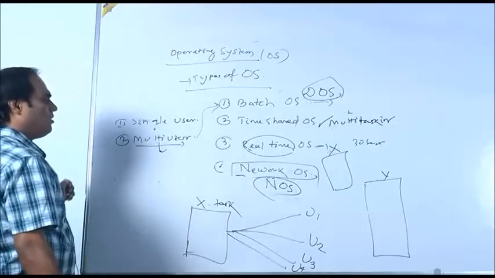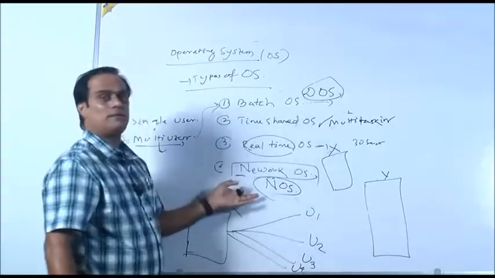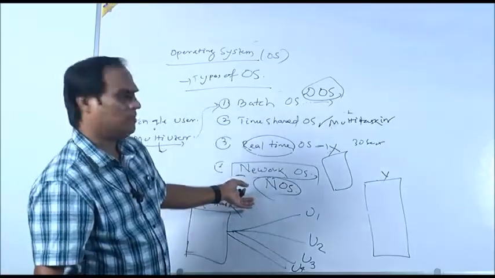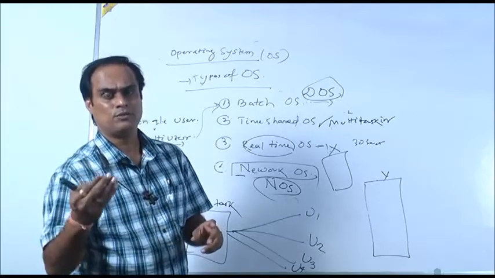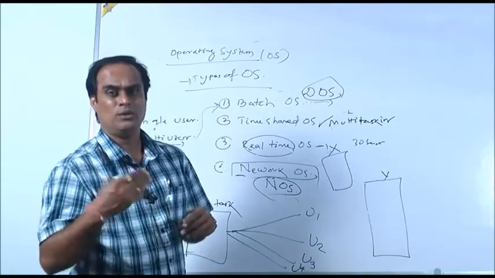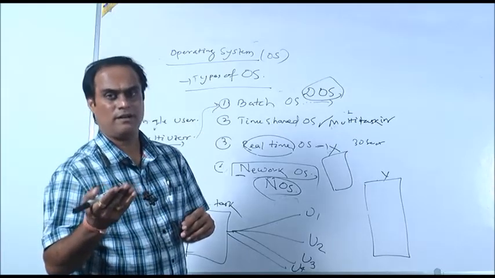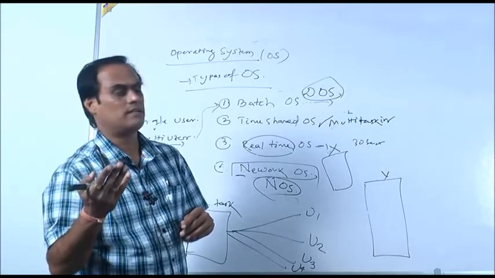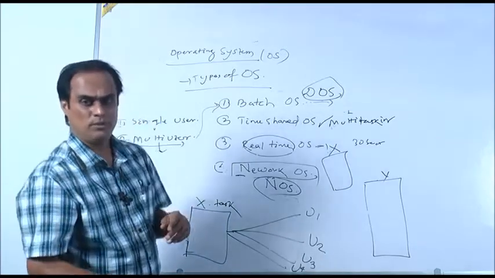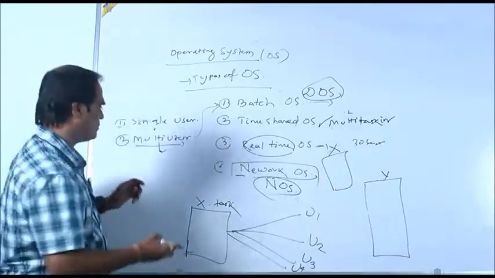We can say whatever operating systems are coming nowadays are NOS. The examples are Windows 2000, Windows NT, Windows XP. In every operating system, these come as personal use, home use, enterprise use.